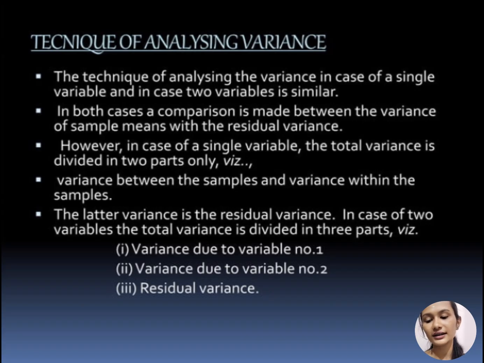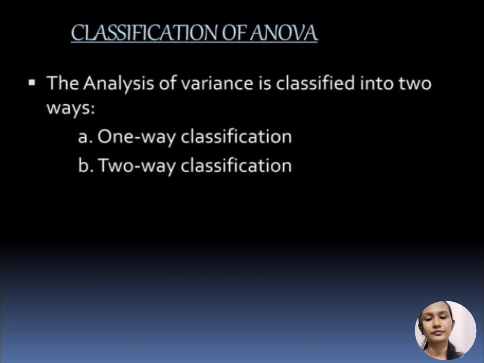The latter variance is the residual variance. In the case of two variables, the total variance is divided into three parts: variance due to variable number 1, variance due to variable number 2, and residual variance.